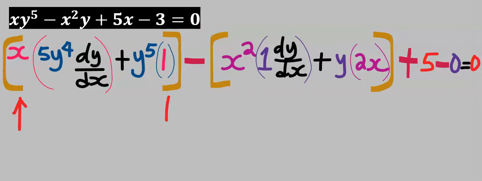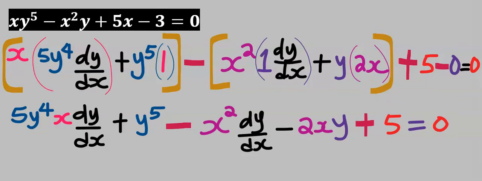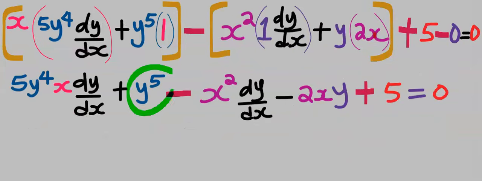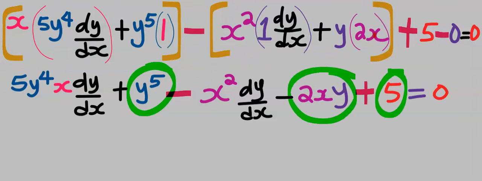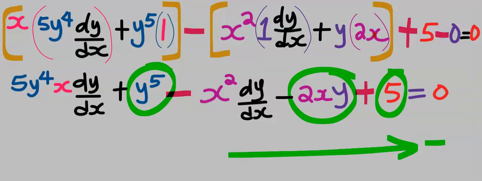Next, you open up the bracket. Beware of this negative. Minus multiply plus will give you minus. Next, the variables without the dy dx attached to them will move over to the other side of the equal sign.